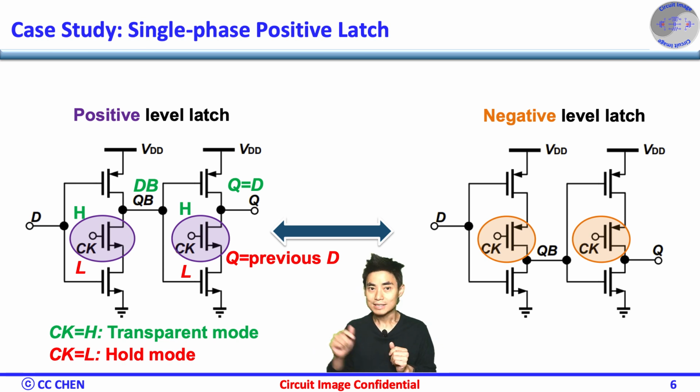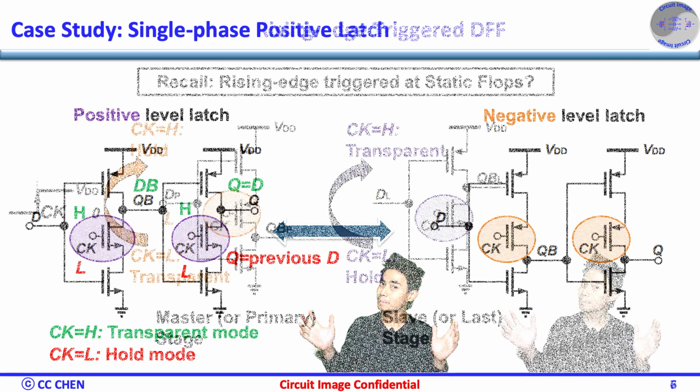When the CK is low, the latch disables the two cascaded inverters and the output keeps the previous state in this hold mode. Obviously, if you swap the NMOS of the CK device to PMOS, then it becomes a negative level latch, transparent low. How about the single-phase rising edge trigger D flip-flop?